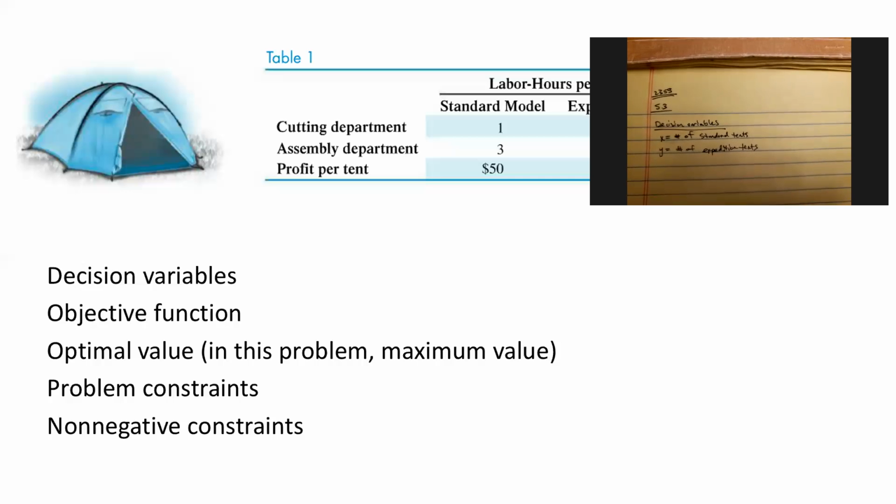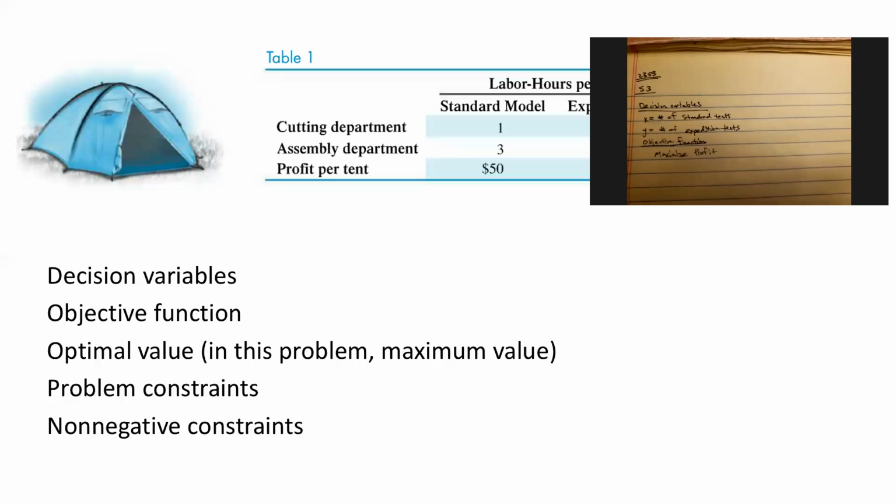Now, the next thing you're being asked is the objective function. If you're this company, what's your objective? To maximize profit. So we're maximizing, right? But we also need to figure out what the profit function is.